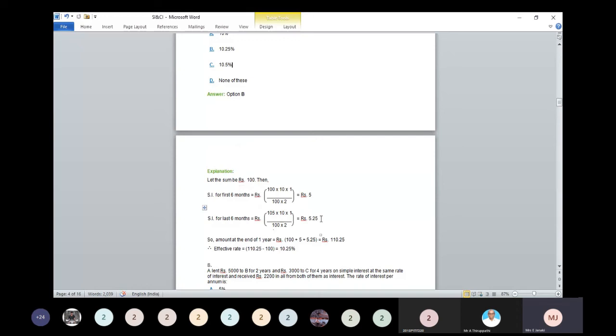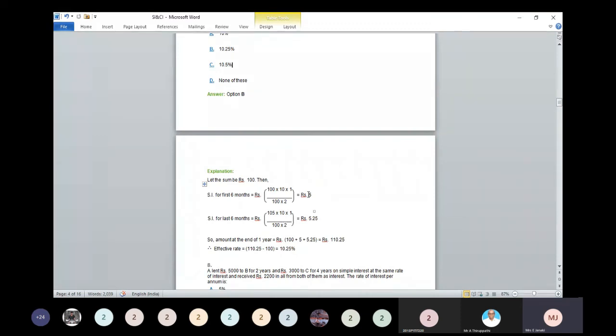Okay, but initially these are simple interest. Here we calculated the simple interest, not for the whole year. We split the year into two parts, 6 months and 6 months. First 6 months you are getting the interest of 5 rupees, and then the next 6 months, that is the last 6 months, you are getting the simple interest of rupees 5.25.